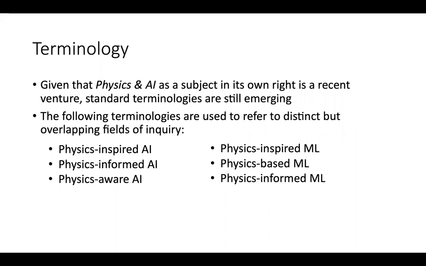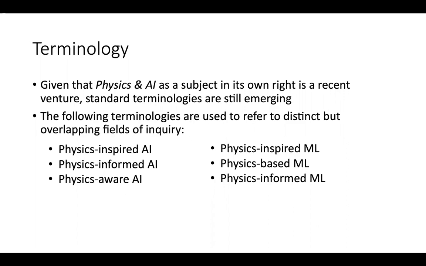A few words about terminology. Given that physics and AI as a subject in its own right is relatively new, standard terminologies across disciplines are still emerging. For example, the same terms may have slightly different meanings in the two disciplines, like entropy. Whenever we come across such terminologies where they have slightly different semantics in physics and AI, we will call these out.